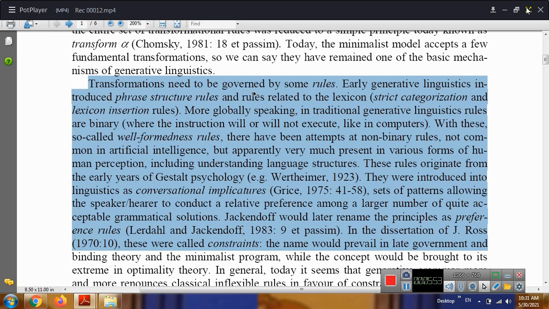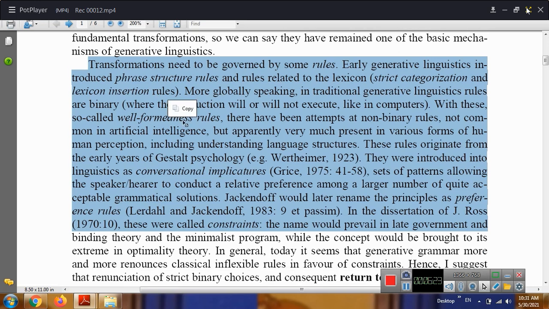Early generative linguistics introduced phrase structure rules and rules related to the lexicon, which are strict categorization and lexicon insertion rules. Here we can see some rules which govern transformations: phrase structure rules, and the strict categorization and lexicon insertion rules.